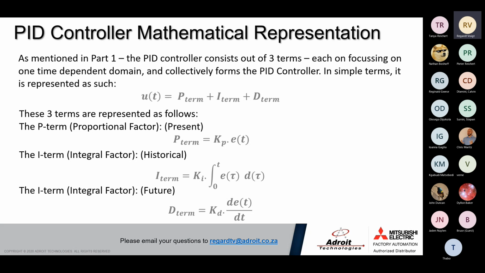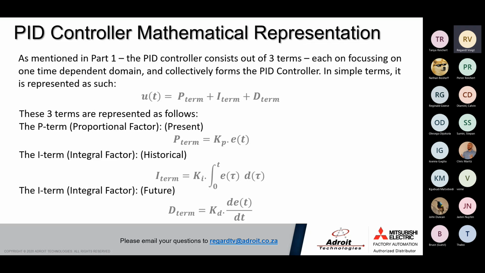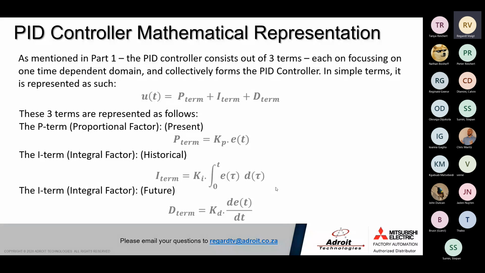So your P term, that is your proportional term. So there's the formula representation. The KP there would be your proportional gain. E(t) will be your error. Your I term will be your integral gain multiplied by the integration of the error over time, definite time. So this will look at the historical error.